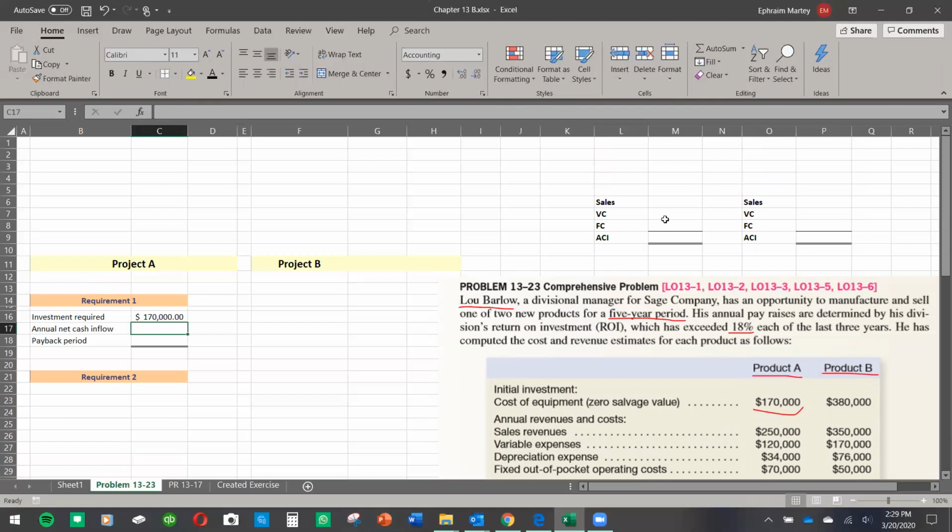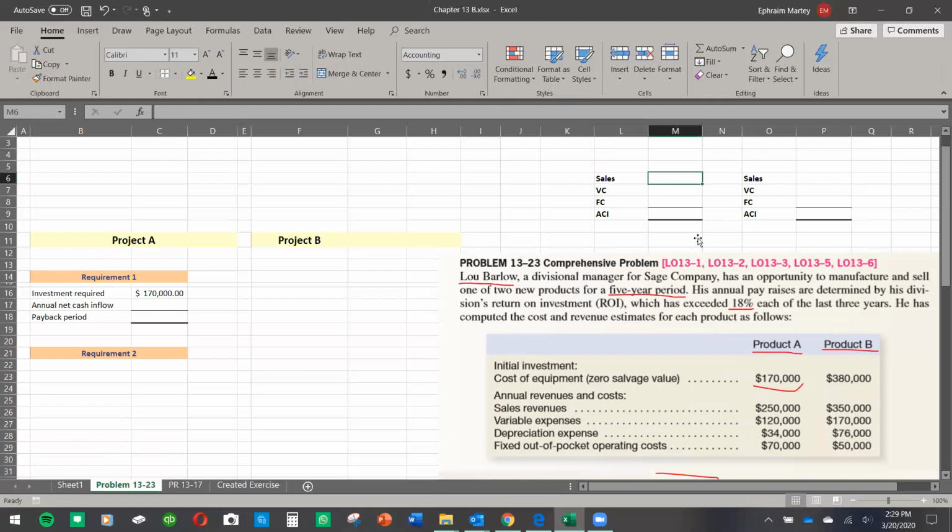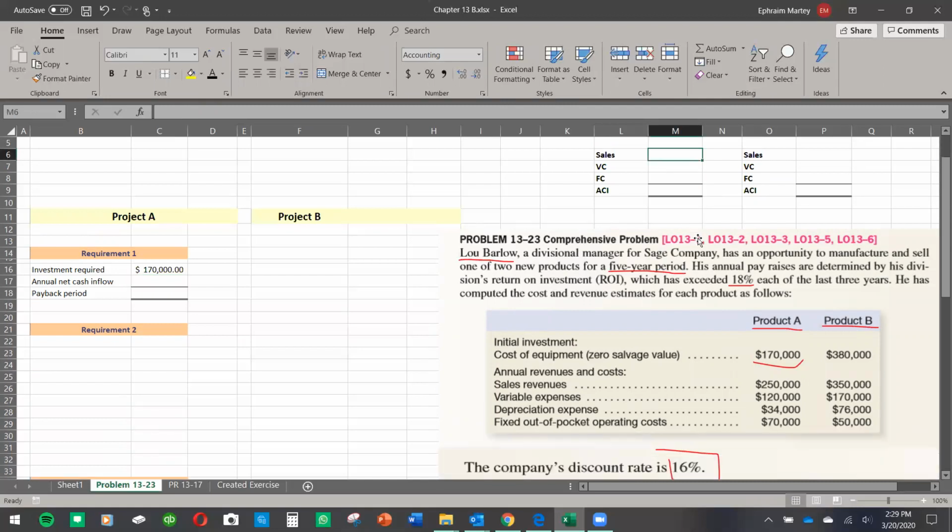Okay, so we'll take the revenue and subtract all cash expenses from the sales. Remember, depreciation expense, we don't pay depreciation with cash, so you don't consider that when you're dealing with annual cash inflow.